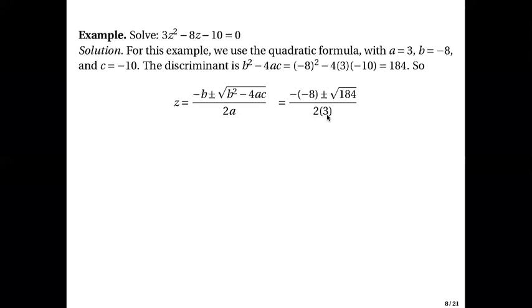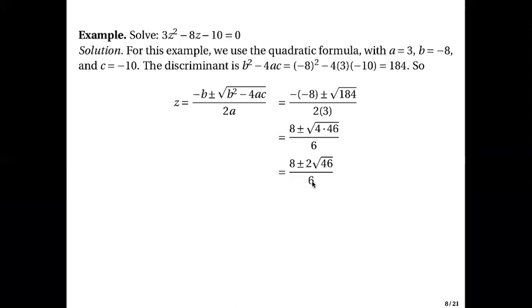Okay? So if you simplify, you will have this. So 184, you will have 4 times 46. And 4 is a perfect square again. So you can bring it out to obtain the following. So 8 plus or minus 2 square root of 46, all over 6. And then 8, 2, and 6, they are all divisible by 2.